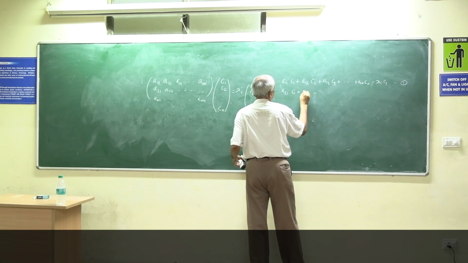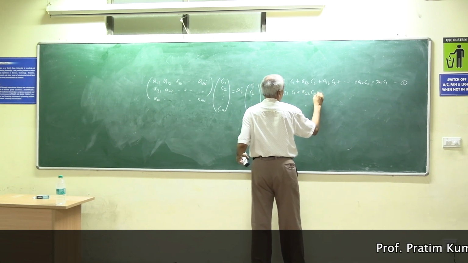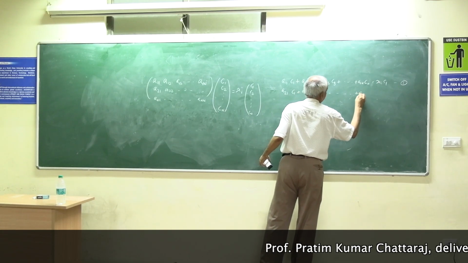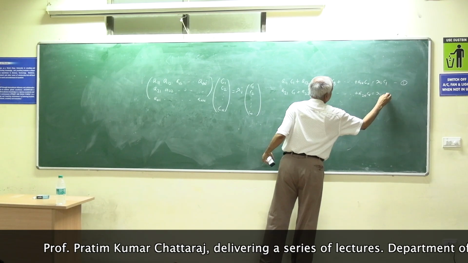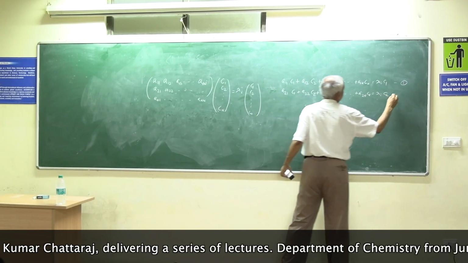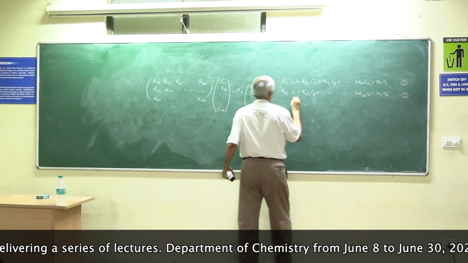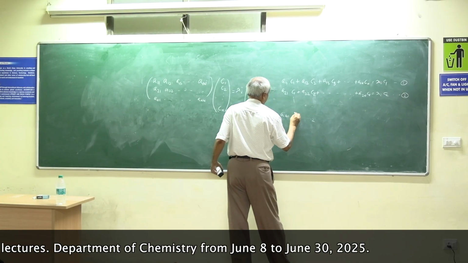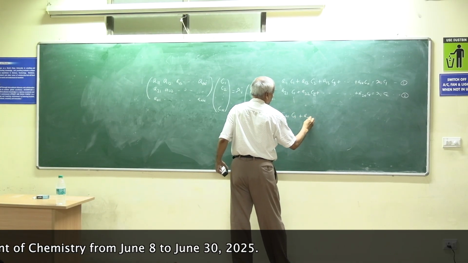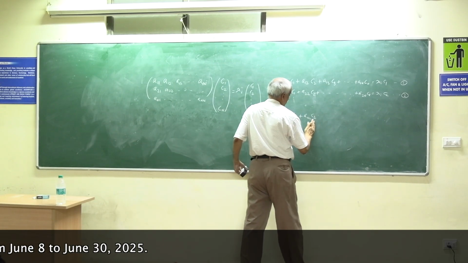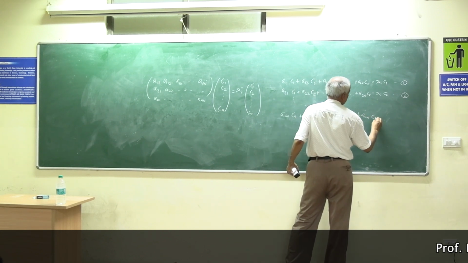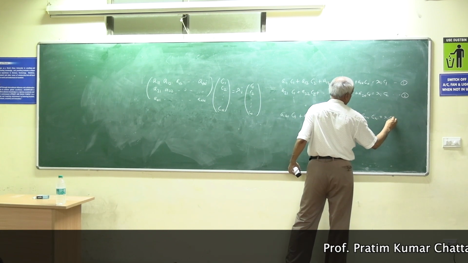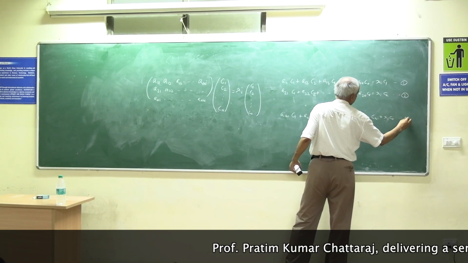A21 C1 plus A22 C2 up to A2n Cn is lambda_i C2, equation 2. This way all the way up to An1 C1 plus An2 C2 up to Ann Cn is lambda_i Cn. So this is your nth equation.